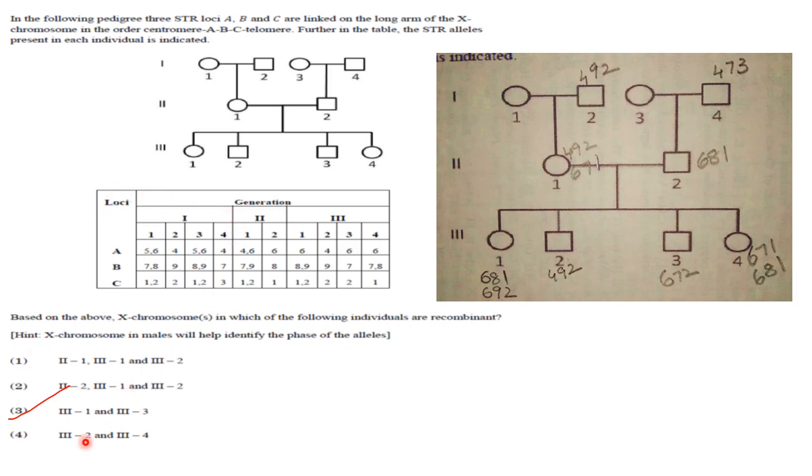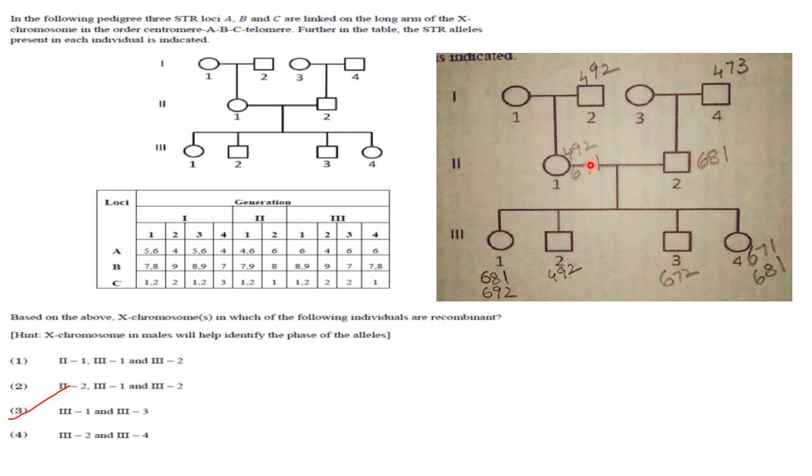Now if you see the condition over here, 1,2 is 4, 9, 2. 1,4 is 4, 7, 3. Now 2,1 is 4, 9, 2 and 6, 7, 1.